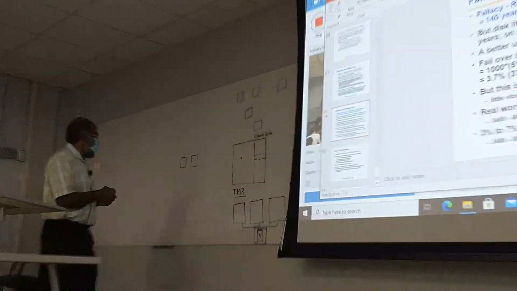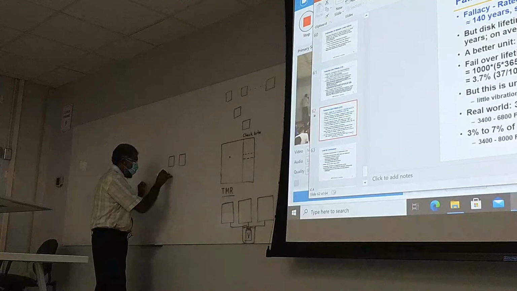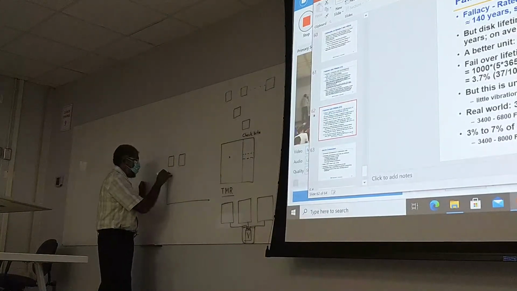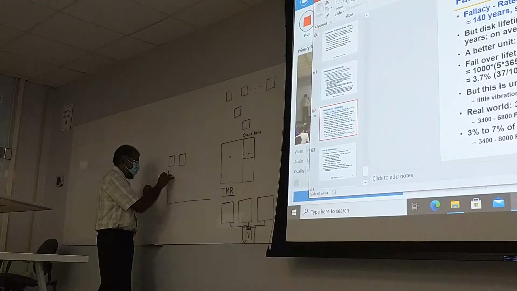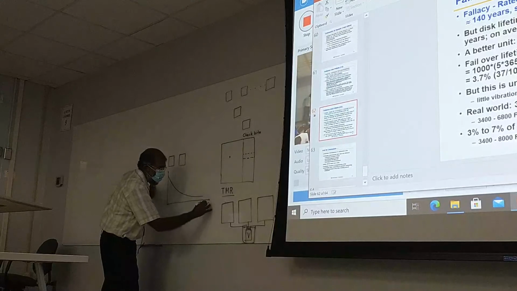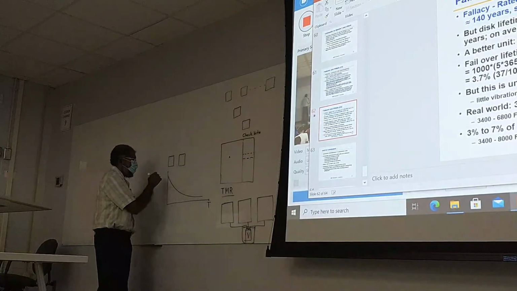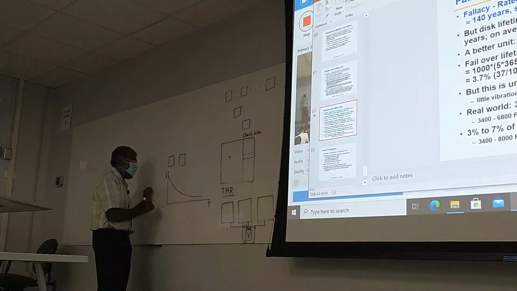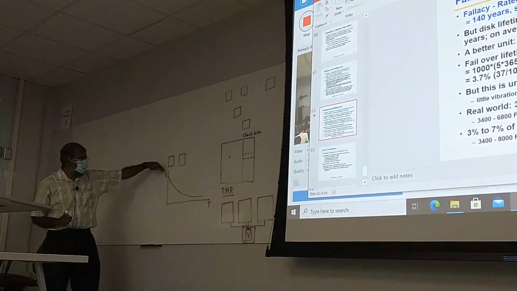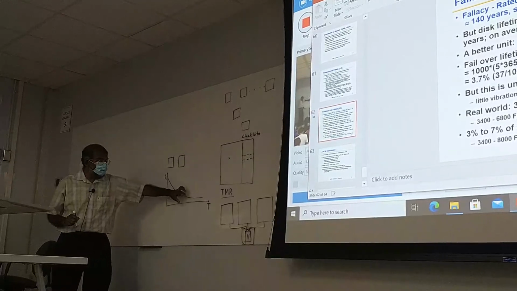So those simple calculations may tend to give a feeling that, okay, disk drives are very reliable. Also, we use the exponential distribution for lifetime. Let's say that's the lifetime, and that's the probability density function for what the lifetime would be.